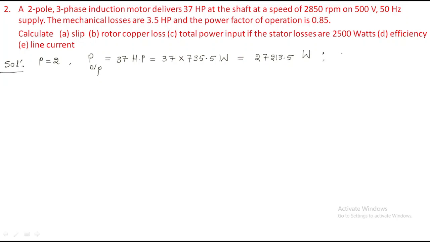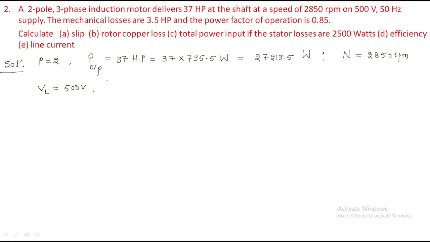And he has given the speed value as 2850 rpm, and the line voltage, that is 500 volts.